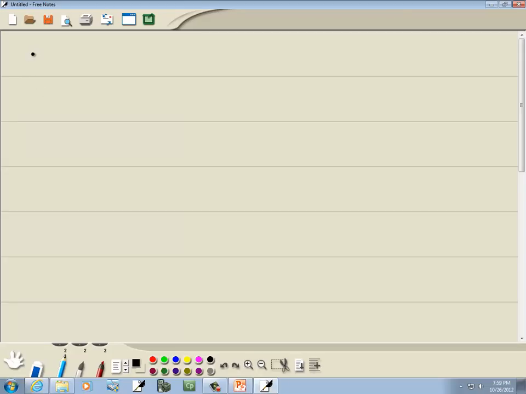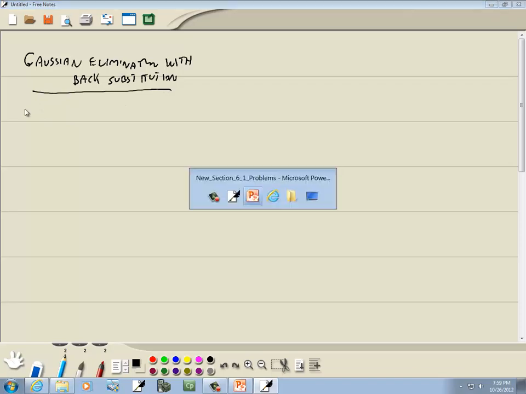Okay, so this is Gaussian elimination with back substitution. So we're going to go backwards and substitute things in. Okay, and this is number 6.